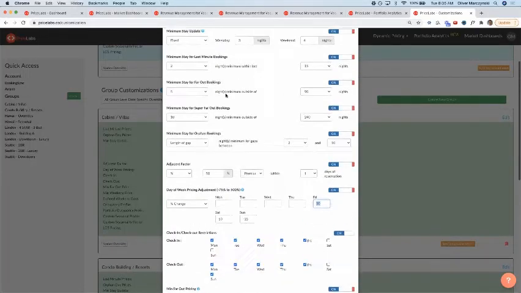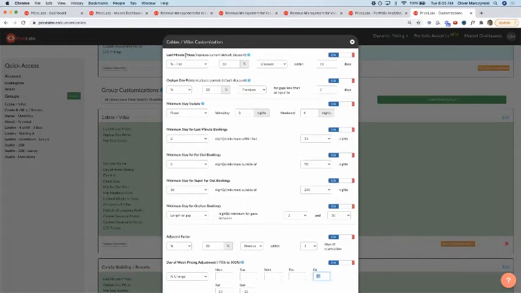In general, other ones that are good to mention: last minute prices and orphan day prices. If you have both of these set to discount, we will only use the higher discount of the two. So if you have, let's say, a 40% last minute discount, that's a flat discount within the last 10 days.